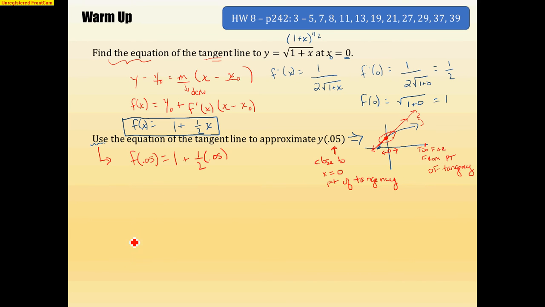And use a calculator, if you wish. I do want you to get out your calculator. We are going to be using it.